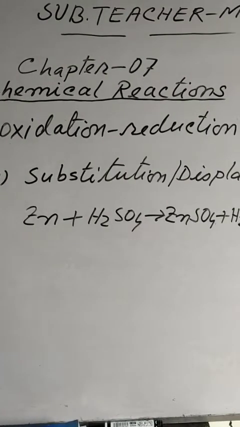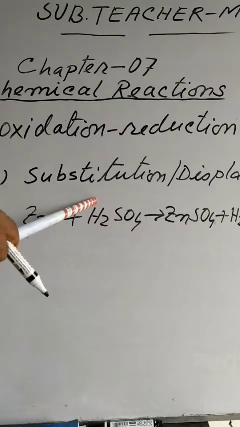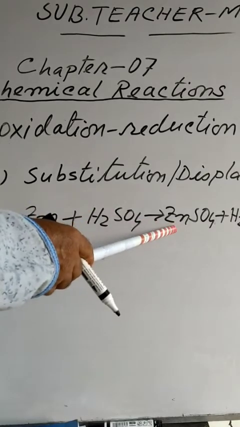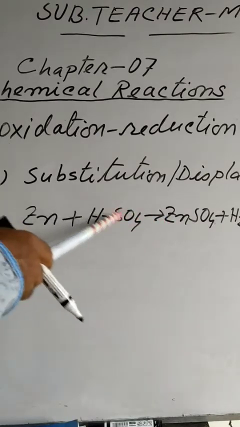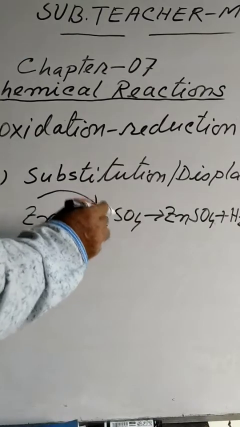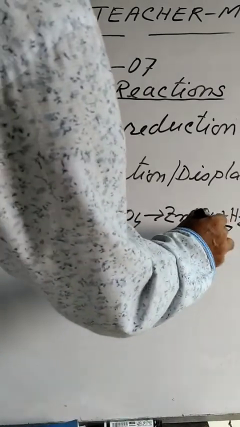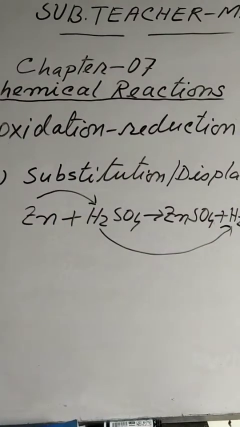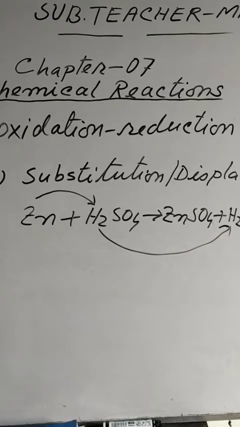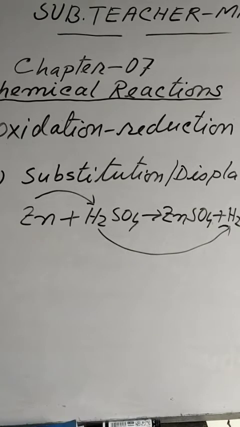Here zinc has displaced hydrogen and taken its place. This reaction is called a substitution or displacement reaction. There are different kinds of displacement reactions given in the book, but one is given here.